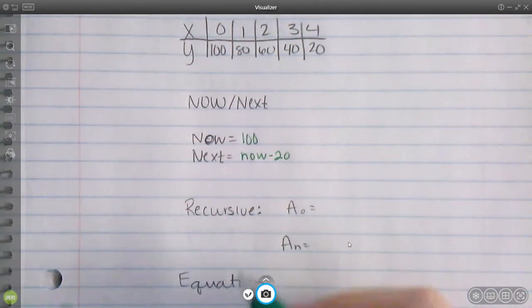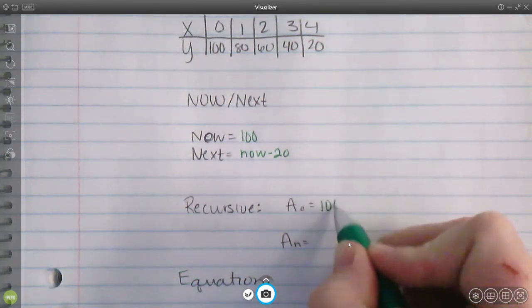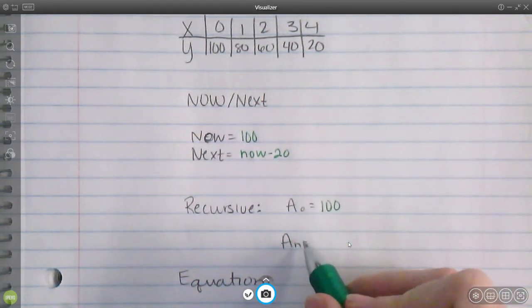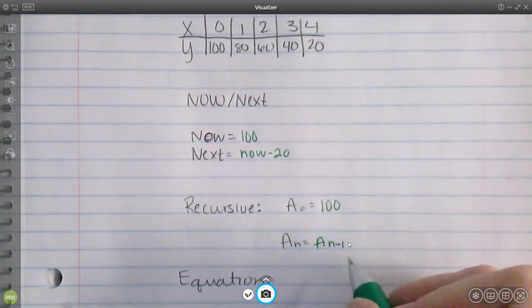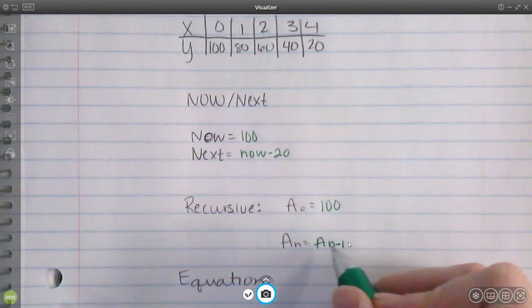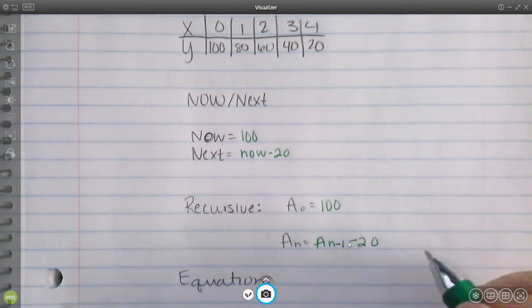To write the recursive formula, a sub 0 was initial, so our initial value is 100. And then for a sub n, we can take a sub n minus 1. This just means your previous term, and then we are subtracting 20 from it.